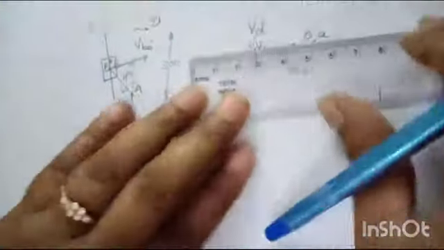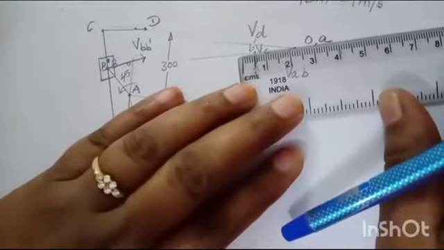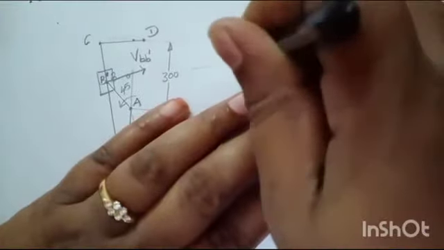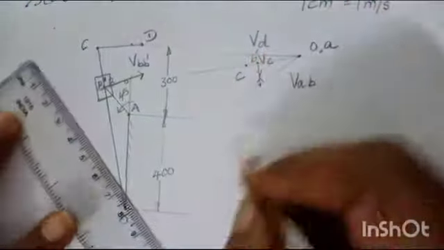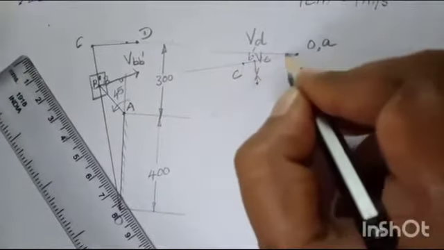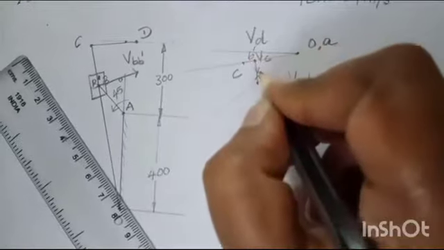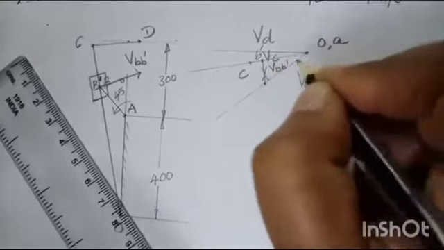In the same line, measure this 2.2 meter per second from this O. Mark this, so this is the point C. Here you have this whole line is VC, and this particular intersecting point is B dash, and this is your VBB dash.